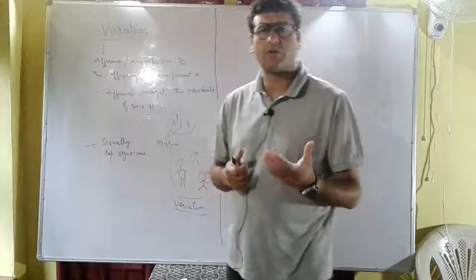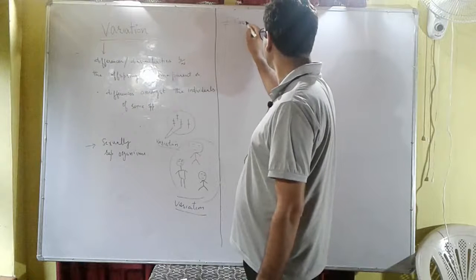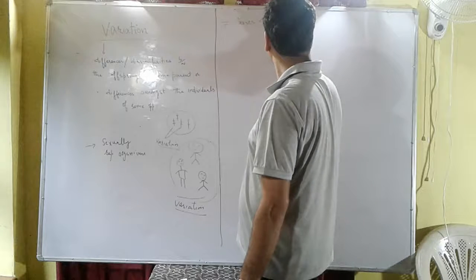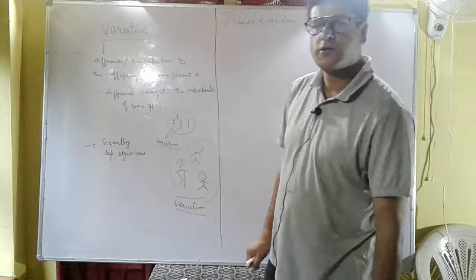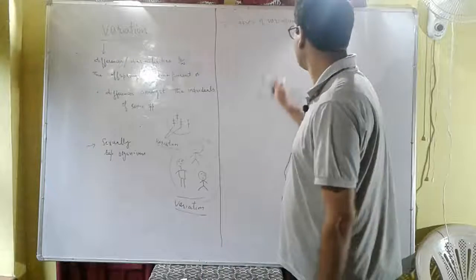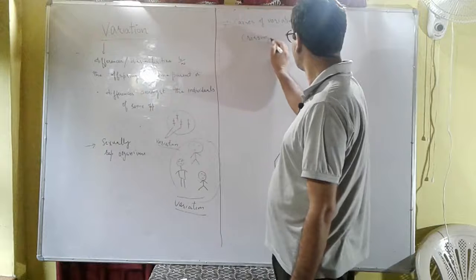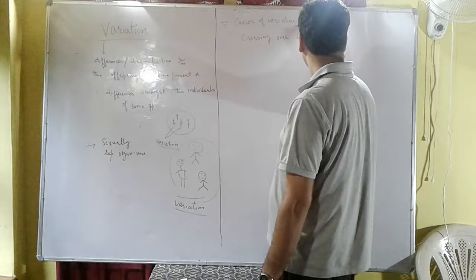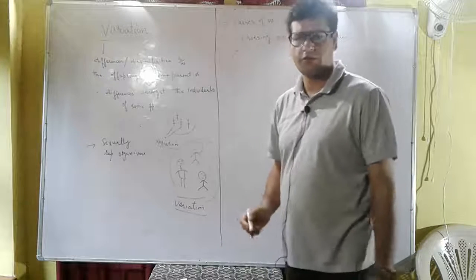Now, what are the causes of the variation? Some of the important causes of variation are crossing over and recombination. This is one cause for the variation.